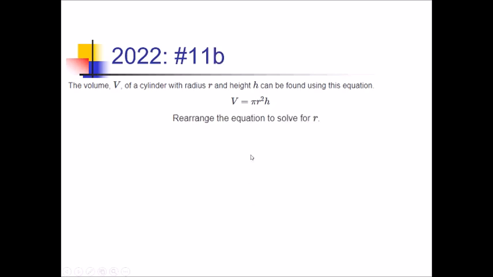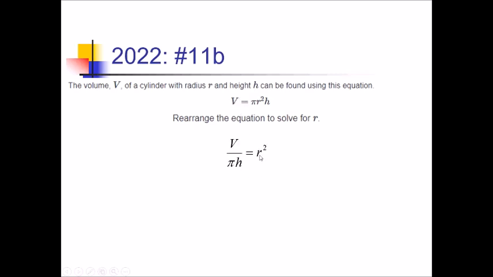And for this part of the problem, now we are rearranging to solve for the radius, r. This is going to take at least 2 steps. So first, I need to get r squared by itself. I can't do it all in one shot. So if I divide both sides by pi and h, I can get r squared alone. So I can write r squared equals v over pi h.